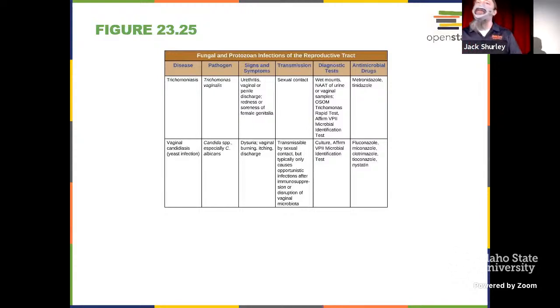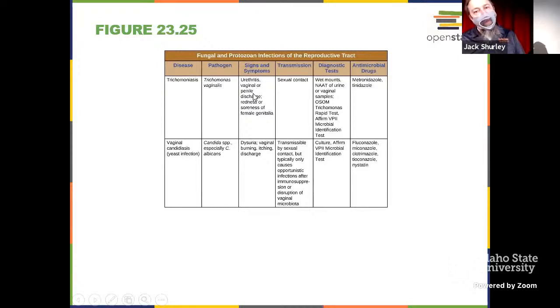That's an issue in and of itself because they haven't been diagnosed because they don't know that there are any issues in the first place, all right? That's a potential issue. So last, as we hit this table, trichomoniasis from Trichomonas vaginalis, there are all sorts of potential issues with it as far as signs and symptoms. And again, typically it's going to be more pronounced in females than in males, all right?